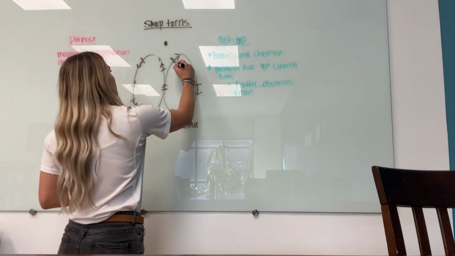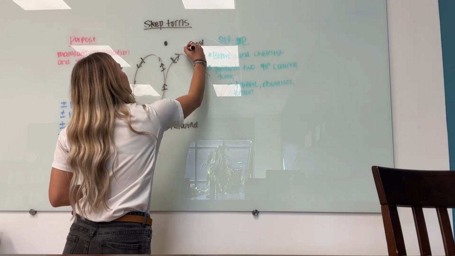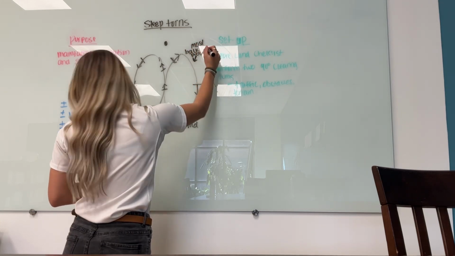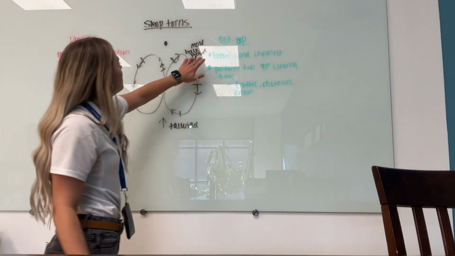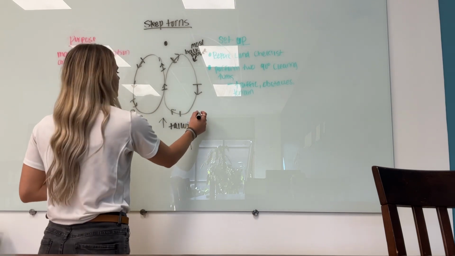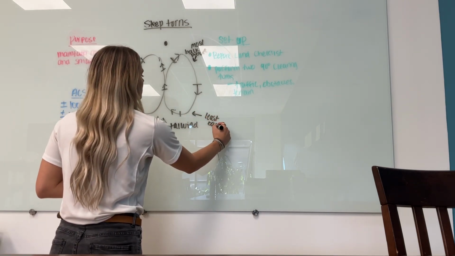You're going to have the most back pressure right here at this level of the turn, and then rolling out here is where you're going to have your least back pressure.